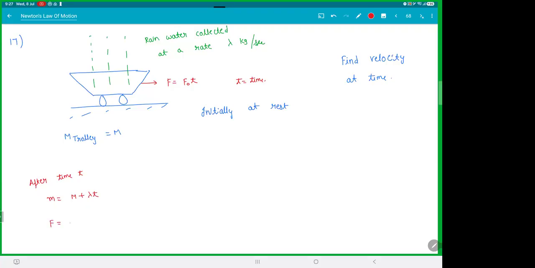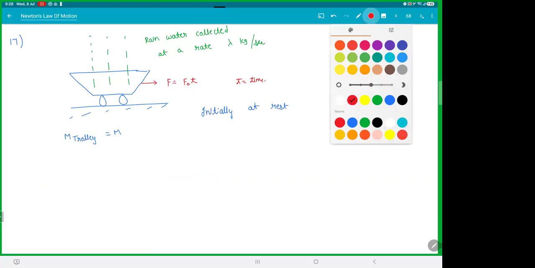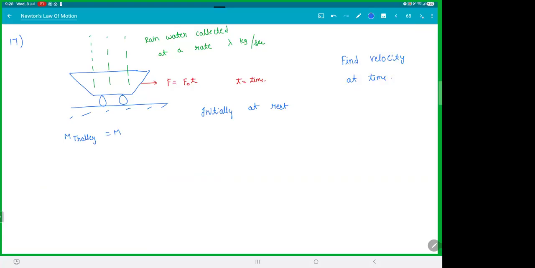Now, when you apply the equation, F is equal to m dv by dt plus v dm by dt, this would be F naught t, that m will be M plus lambda t. This would be dv by dt plus v, and dm by dt is lambda. And this would be a mess, like integrating and all. There is a better way. I think this will not work. You will actually get a differential equation which we can't solve.